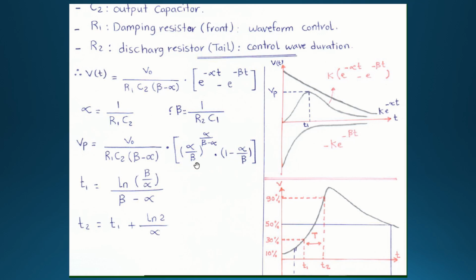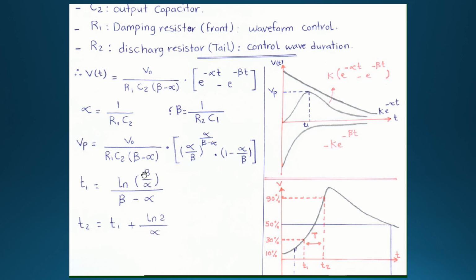Okay, so T1 and T2, how can we find T1 and T2? In another question, he will ask you to find T1. The formula for T1 is ln of beta divided by alpha, all of this divided by beta minus alpha. And T2 is equal to T1 plus ln 2 divided by alpha.